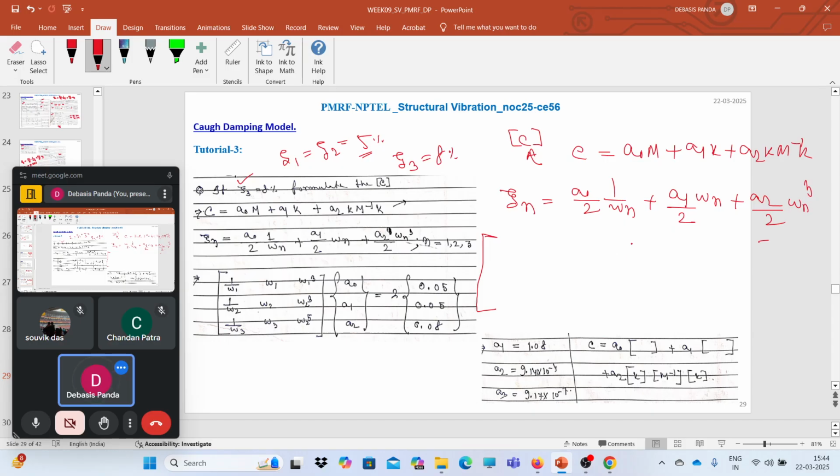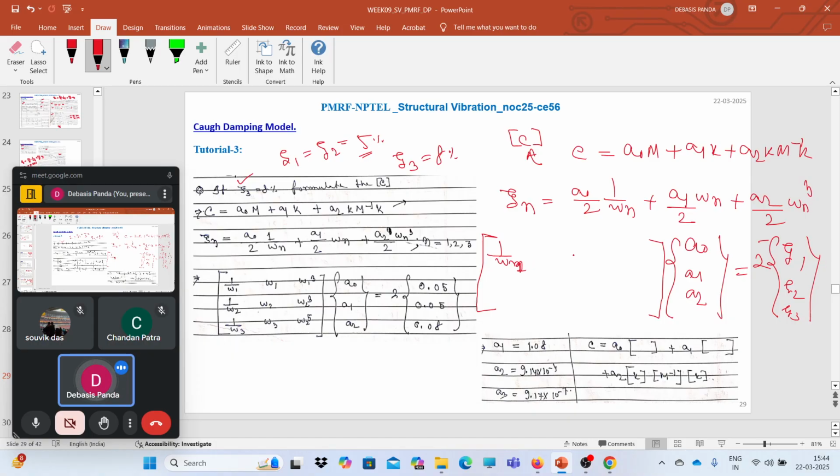So first term, say for example, I want to write it like this with respect to the unknown variables A naught, A1, A2 is equal to twice into say zeta 1, zeta 2, zeta 3. That means I want to take this 2 on this other side. So how I can write 1 by omega n, or omega 1.